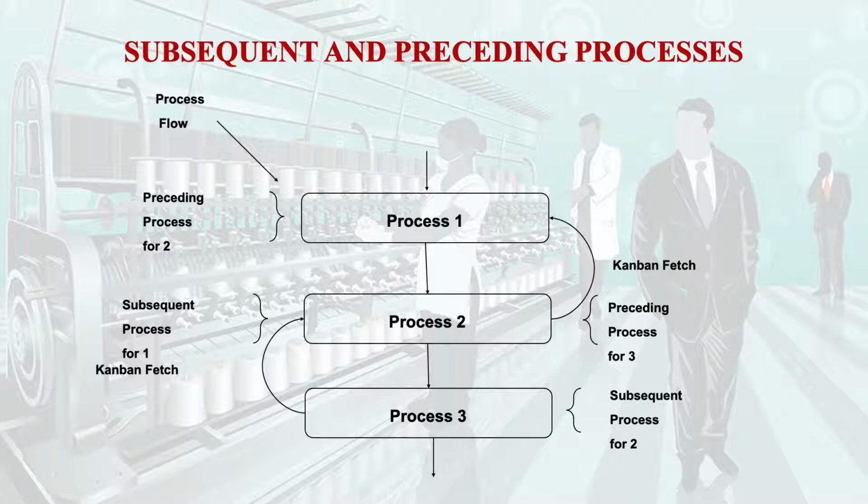Process 3 is a subsequent process for process 2, which is the preceding process for process 3. This is a very simple diagram. There is quite a possibility that a process may have more than 2 or 3 preceding processes or more than 2 or 3 subsequent processes.